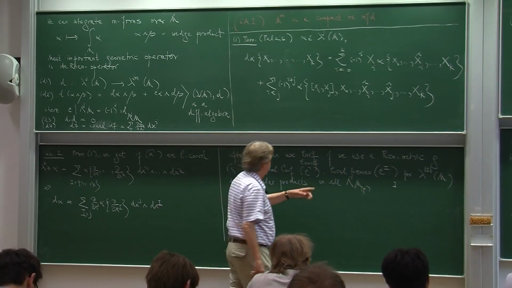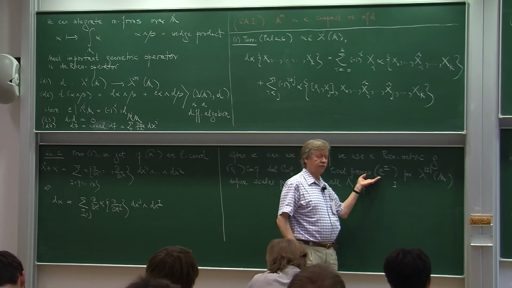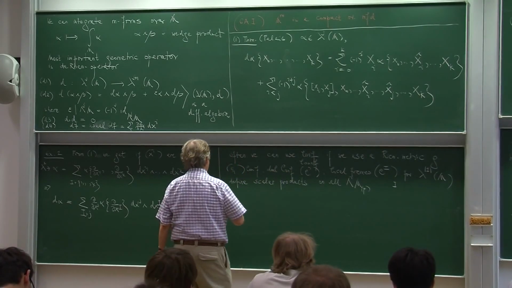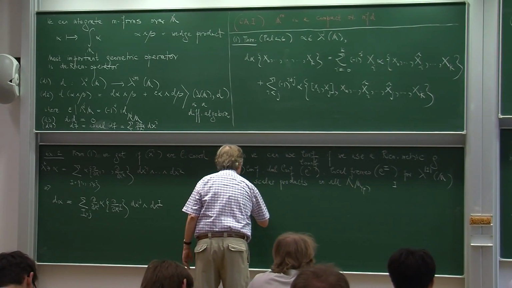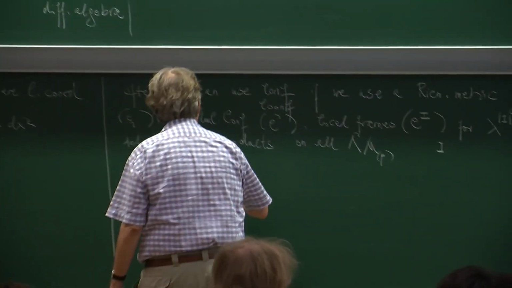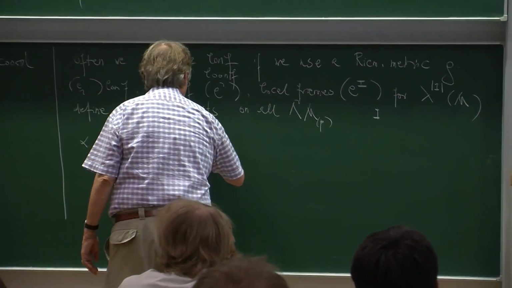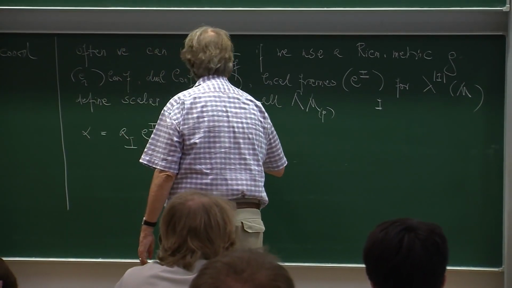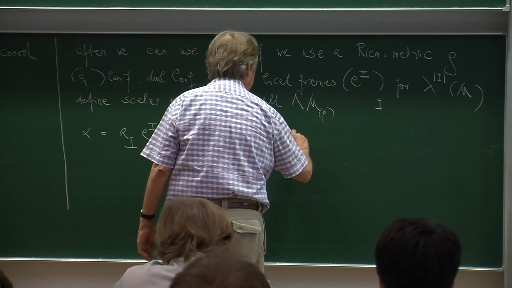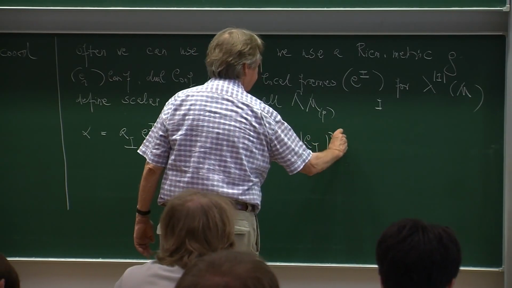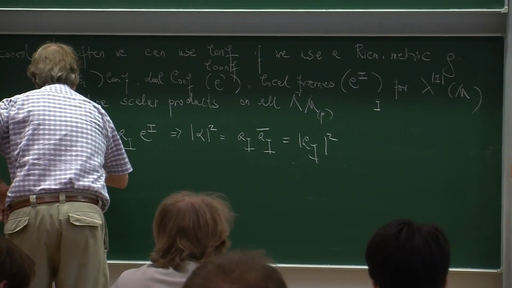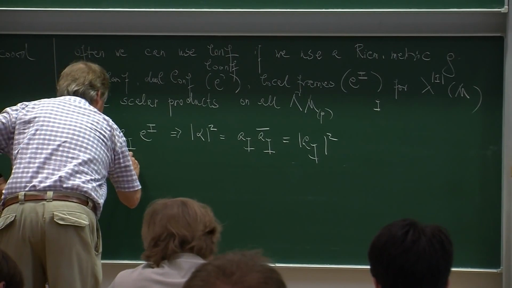Namely, of course I can write any differential forms in components with respect to this. And then I'm saying if alpha is equal to a_I times e^I, now not summed, then I have the norm of alpha squared is equal to a_I times a_I, equal to a_I squared. This is very convenient. So we get a scalar product in this way.